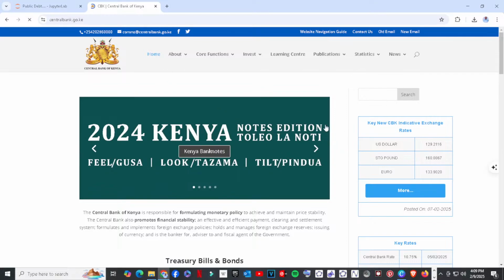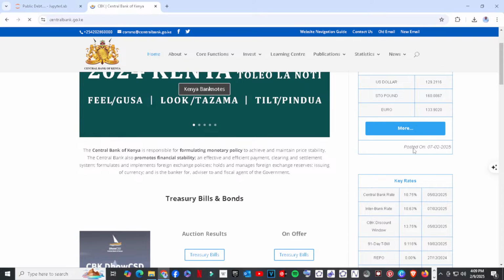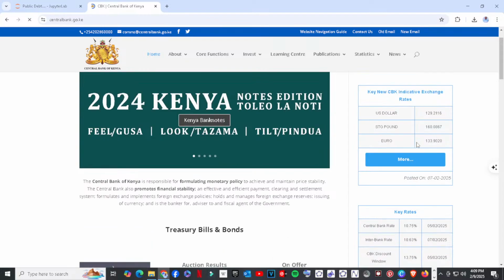But on this live page, we see that the CBK indicative exchange rate for the US dollar is about 129.216, against the sterling pound it is 160, and against the euro it is 133.902. This was posted on 7th, and today is 9th. Okay, my interest is here.